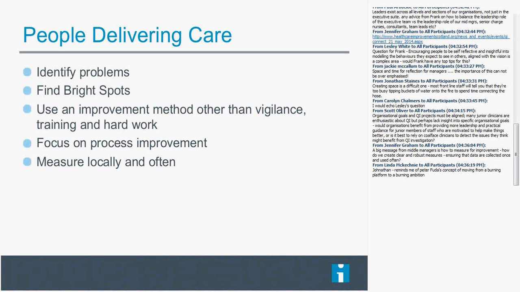So those people should always be charged with ensuring that the bundles are implemented correctly, ensuring that we're delivering evidence-based care with the appropriate processes, because if we're doing that correctly, then the outcome should follow. If the outcomes don't follow, then it may be the process is incorrect, or we're doing something else incorrectly that we need to follow up on. And most importantly, if you want to improve, you have to measure locally and you have to measure often. Having someone else do the measurement for you is not going to be good enough.